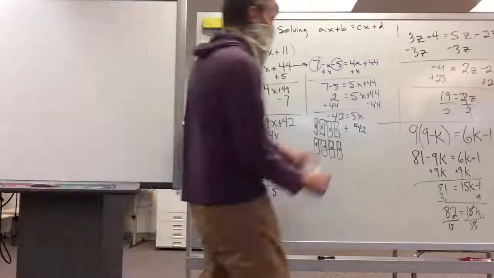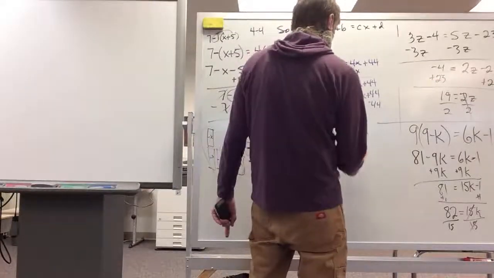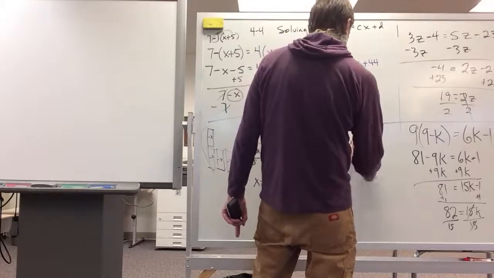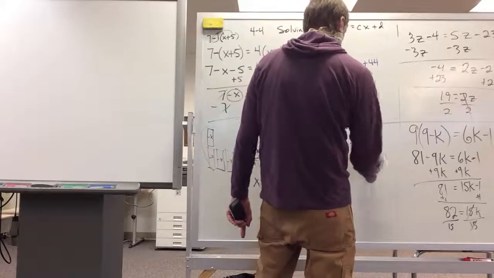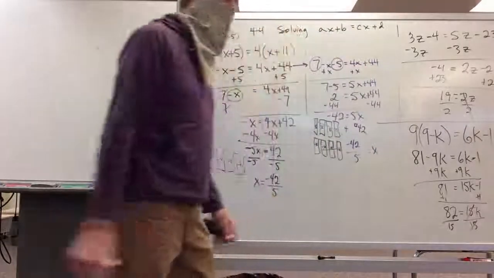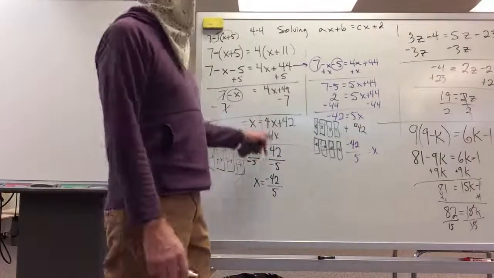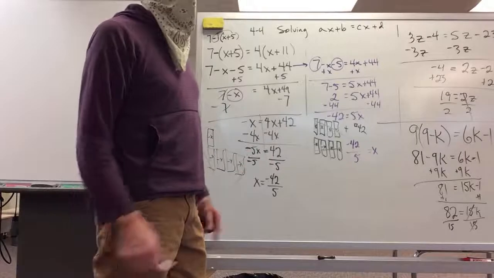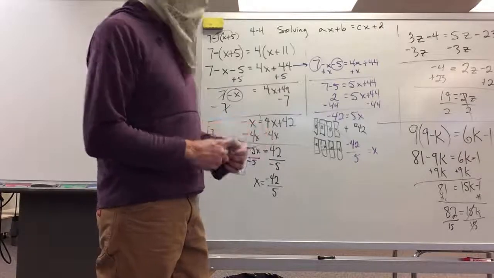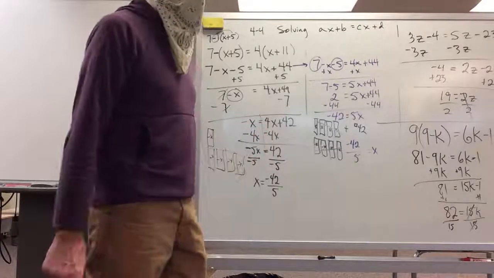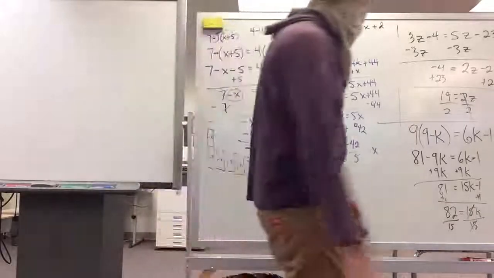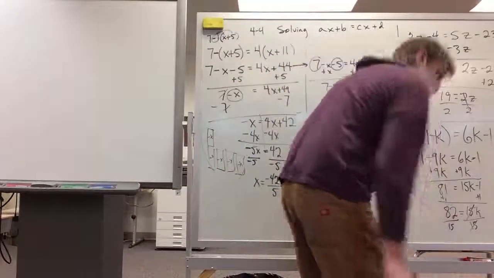So when you do the division then by 5, you'll end up with a negative 42 over 5. You get the same thing, but it gets confusing when you have to move the x's around later on and you end up in a situation where they turn negative. You want to try to stay away from that. So that's that.